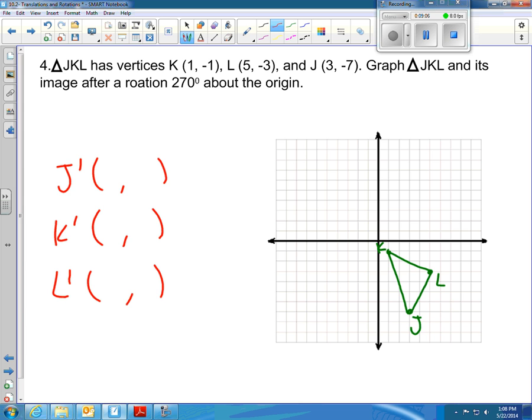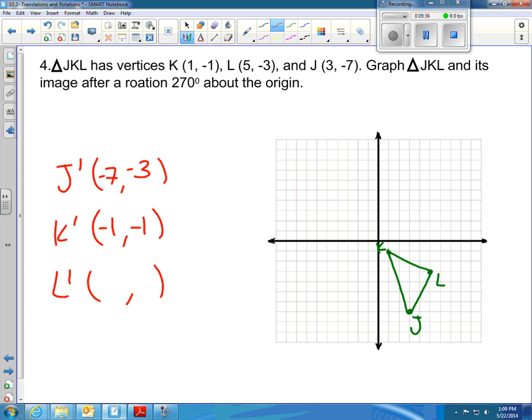All right, so multiplying the x coordinate by -1, and then switching them. So let's see here, in letter J, my x coordinate is 3, so that's going to become -3 and become my y coordinate. My y coordinate became my x coordinate. K, my x was 1, so that's now going to become -1 and become my y coordinate.